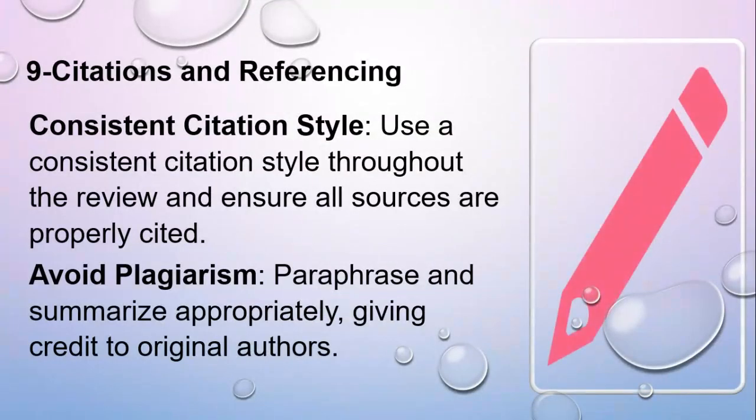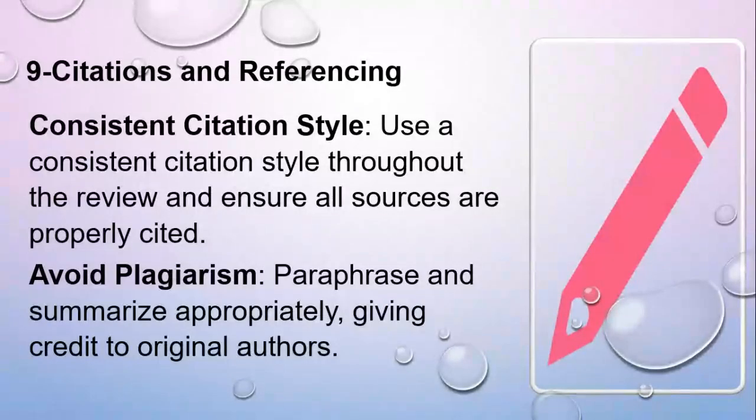Okay, we will talk about citation and referencing. Citation and referencing is also something to consider, how to use citation styles or citation methods. The keyword here is consistency. You have to use a consistent citation style throughout your review and ensure all the sources are properly cited.